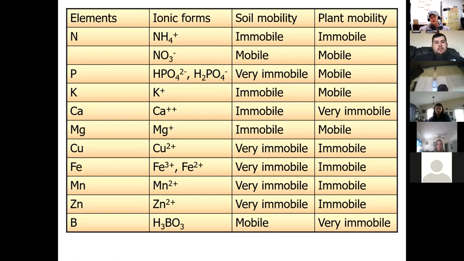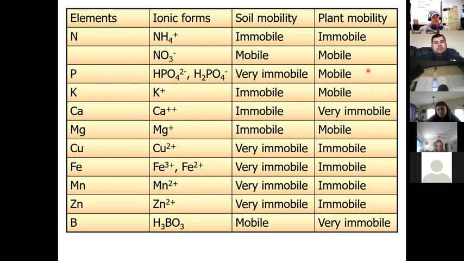Okay, they don't like to be alone. And so what happens is phosphorus in the soil likes to hitch up with either a calcium or magnesium or maybe an iron or an aluminum. And once it does that, it basically turns into a rock and it can't go anywhere. So usually we consider phosphorus to be highly immobile in the soil.